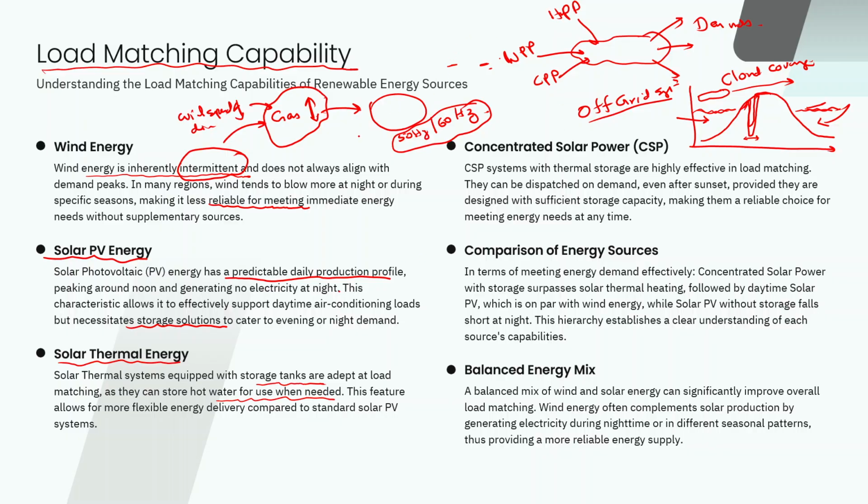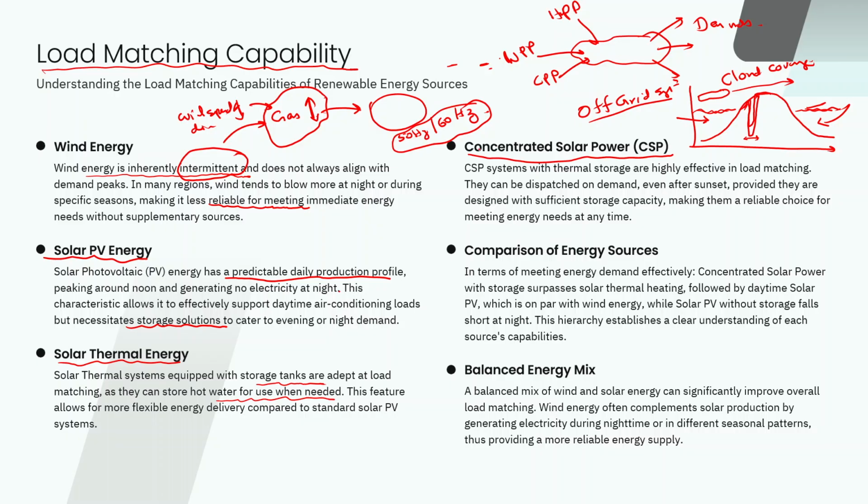Okay. And if you get the concentrated solar power plant, if you just have the concentrated solar power system, then that may not be that good. Again, that will have the same problem as the PV system: how we can match the day, early morning and the night demand.